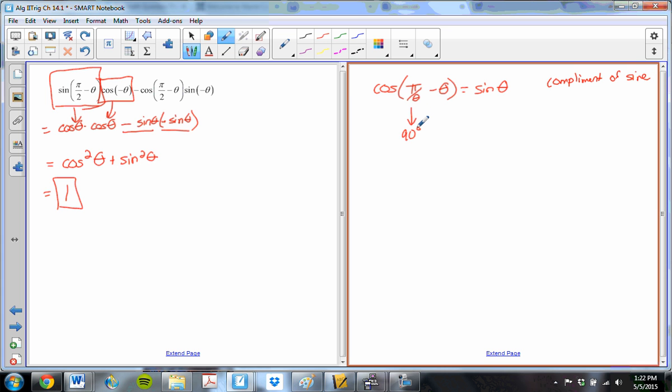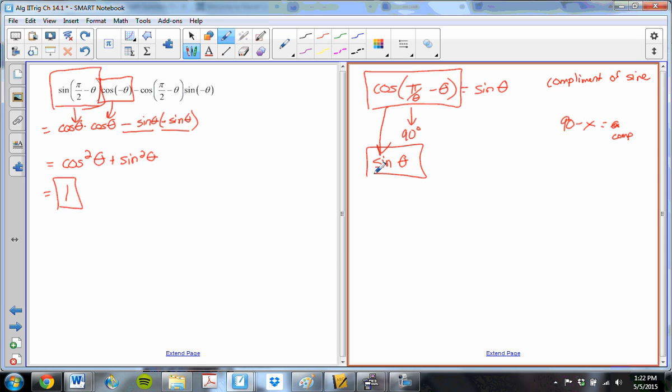The way you find a complement is you do 90 minus the angle, and that gives you the complement. So when you do the cosine of pi over 2 minus theta, you're really finding the complement of that angle, and the complement of that angle gives you sine. So the cosine of pi over 2 minus theta comes out to sine. And same with sine. If you do the sine of pi over 2 minus theta, you get cosine because you're finding complements.